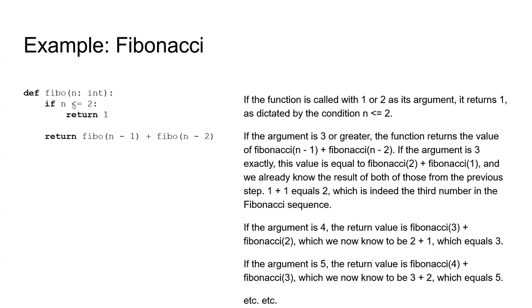If n is smaller than or equal to 2, then return 1. If it's something else, then the Fibonacci value is the sum of the 2 previous Fibonacci values: a call of this function with arguments 1 and 2 smaller, Fibo(n minus 1) plus Fibo(n minus 2).